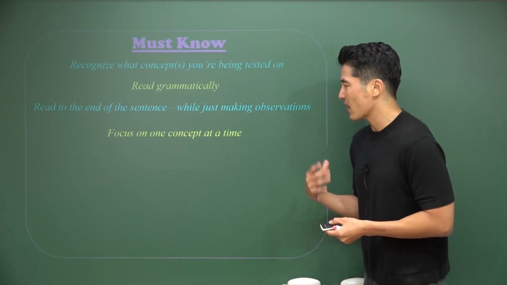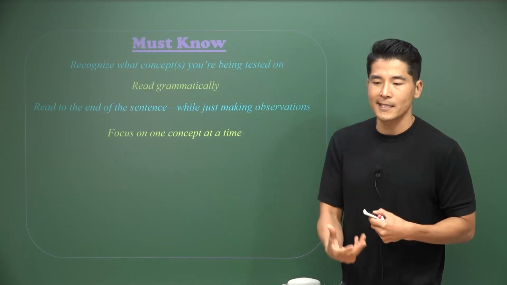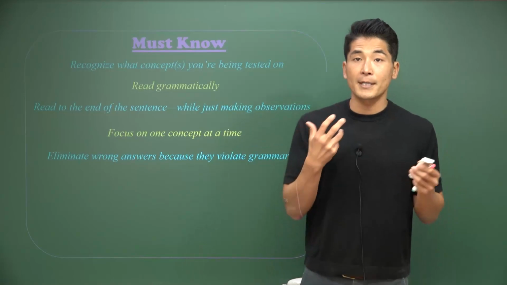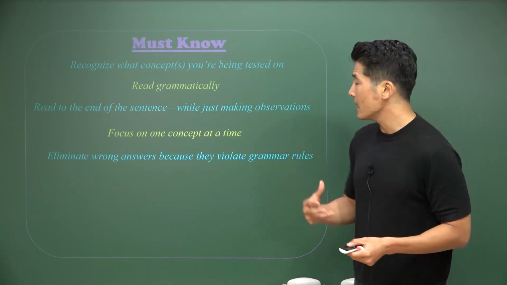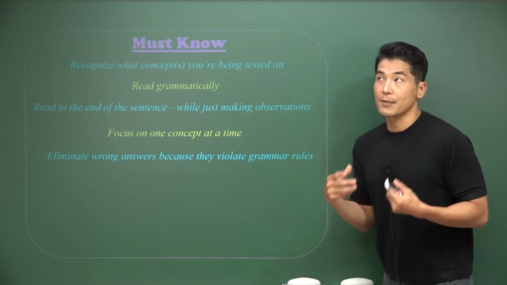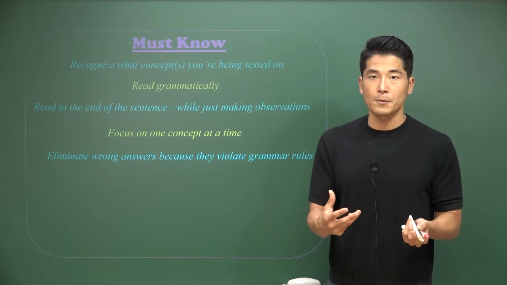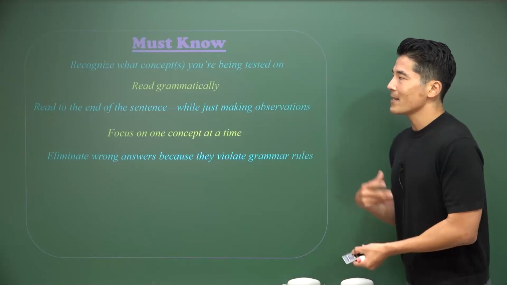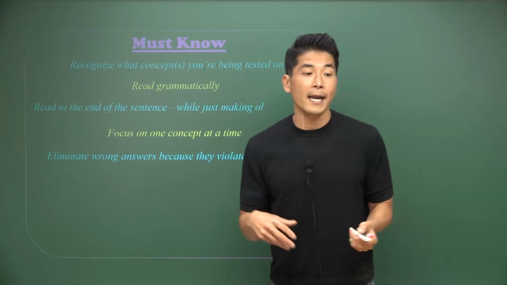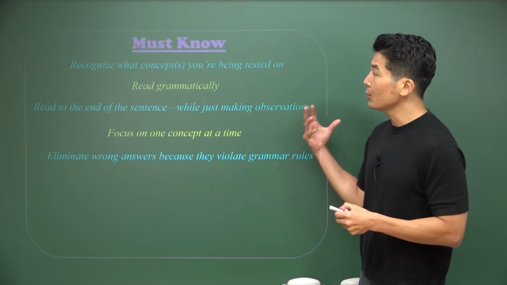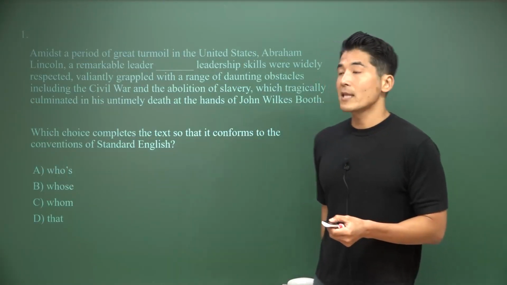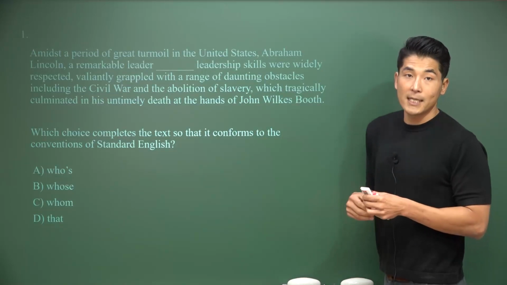Instead, focus on just one concept at a time. Eliminate wrong answers based on that one particular concept, because the answers that you're eliminating violate the rules of grammar, okay? So this is basically the high-level things that you want to know when you get into test-taking mode. With that being said, let's jump into this test.